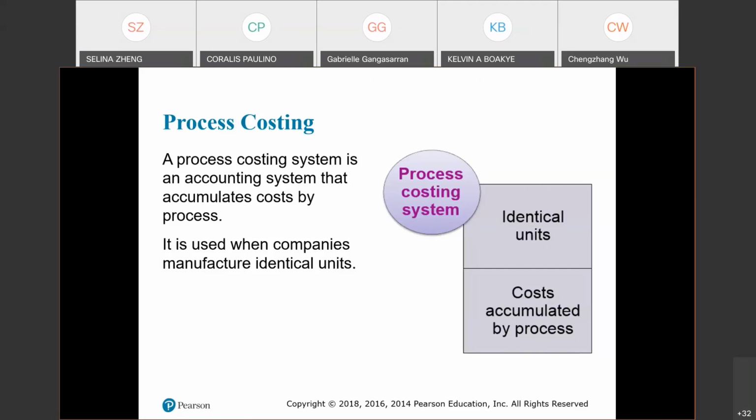Third, allocate. And lastly, adjust. In this chapter, let's see how these 4 steps are used in job order costing, and in the next chapter, we will learn how to use these 4 steps in process costing.